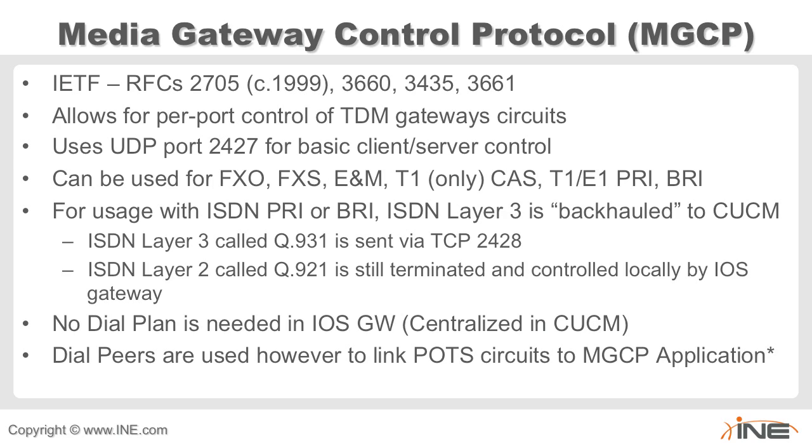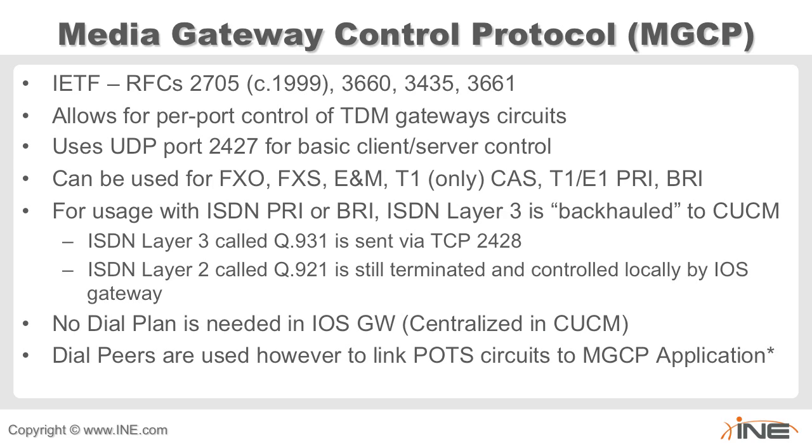Still terminated and controlled by the local IOS MGCP router, but layer 3 is tunneled and sent directly, not mapped and relayed, but literally tunneled and sent directly via TCP 2428. So the control is 2427, but UDP. The backhaul is 2428, but TCP. Okay, so one digit more, but it's TCP versus UDP.